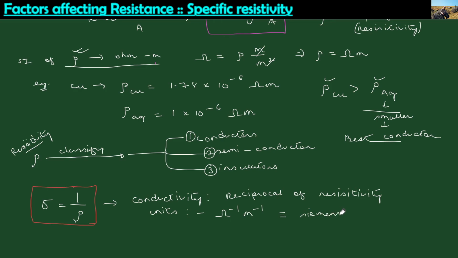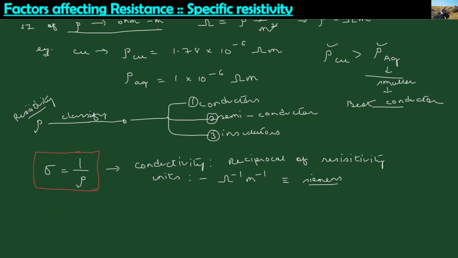Siemens is the SI unit of our conductivity.